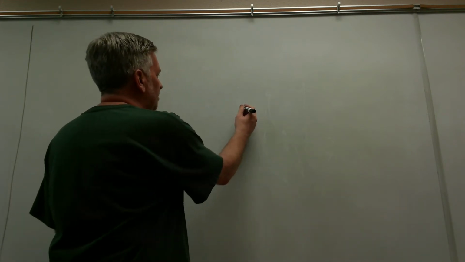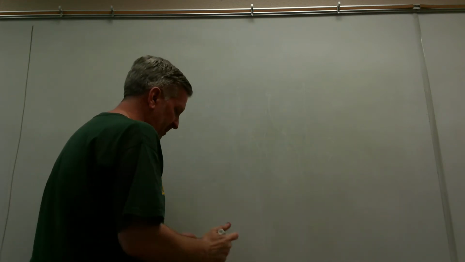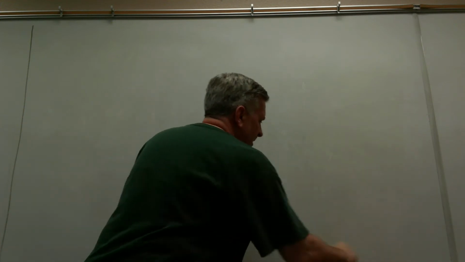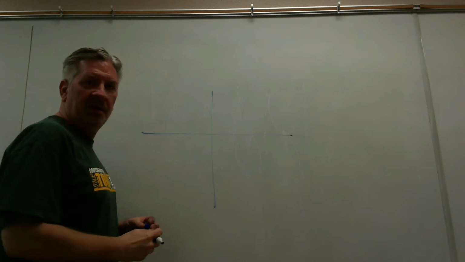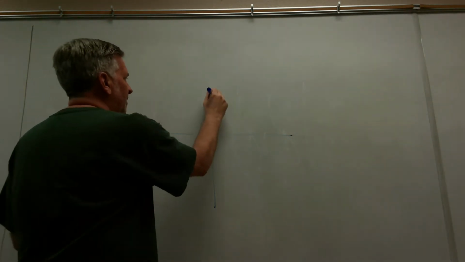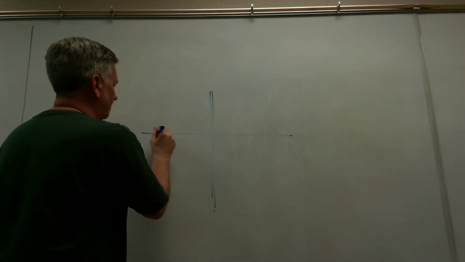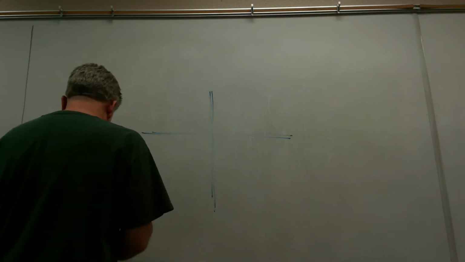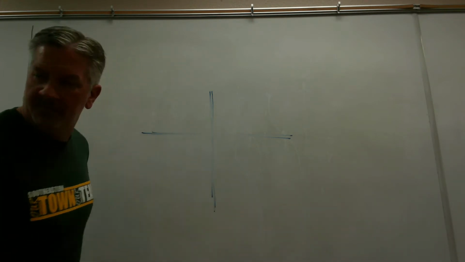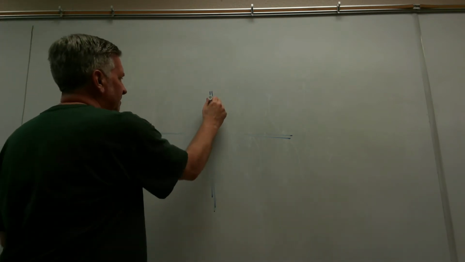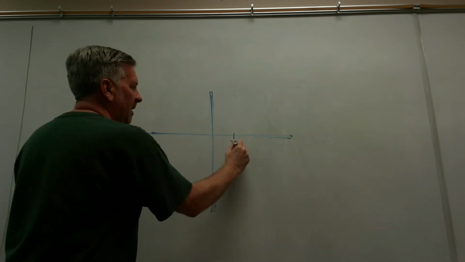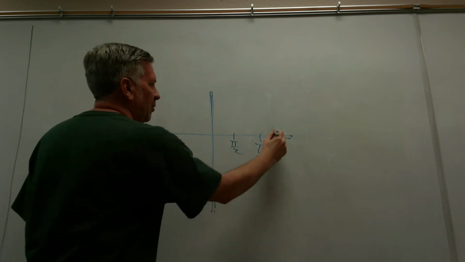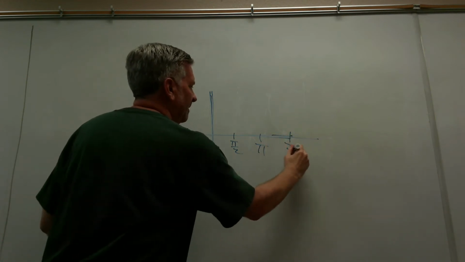So first I want to start with the sine graph. Let me do that in blue. And we know what the basic sine graph looks like. We've done that before. Let me get a better blue marker here. All right, so every pi over 2, something important happens on the sine graph.